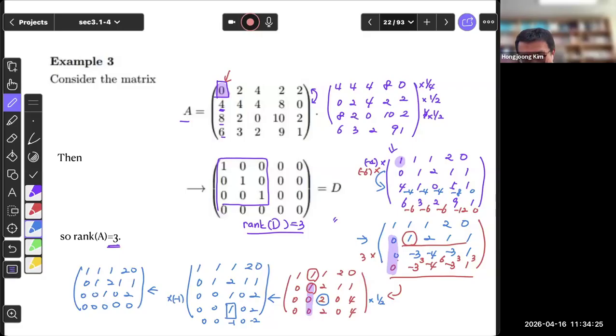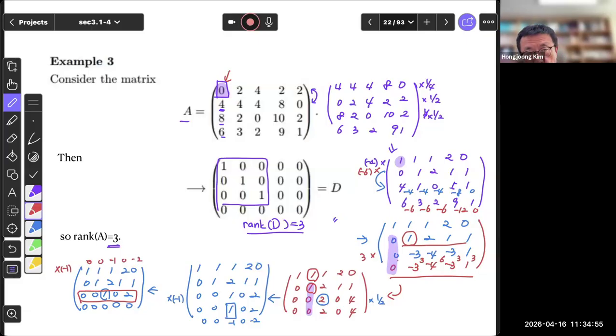And then at this point, using this 1, I want to eliminate the 1 and 2 above that 1 to 0. I want to multiply negative 1 to the third row entries, then you get 0, 0, negative 1, 0, negative 2.